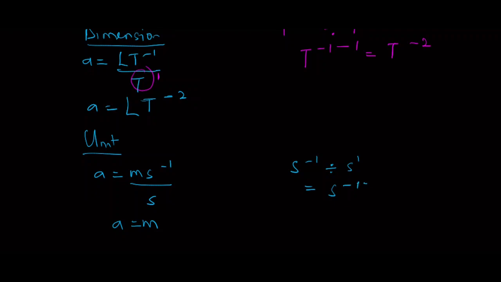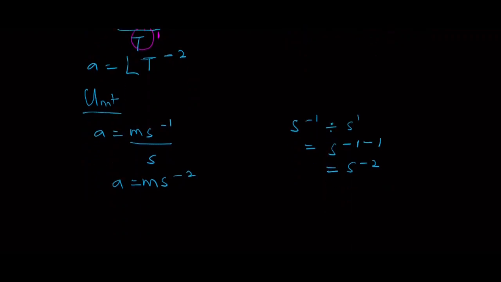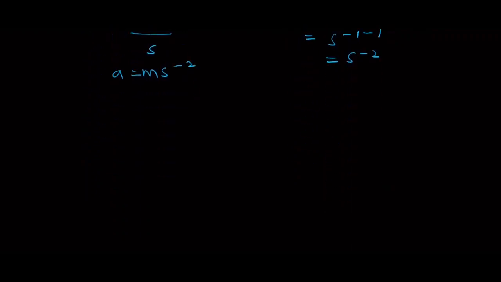In indices we have minus, then the second power is minus 1, so we have s raised to the power minus 2. So the unit for acceleration is meter per second square.